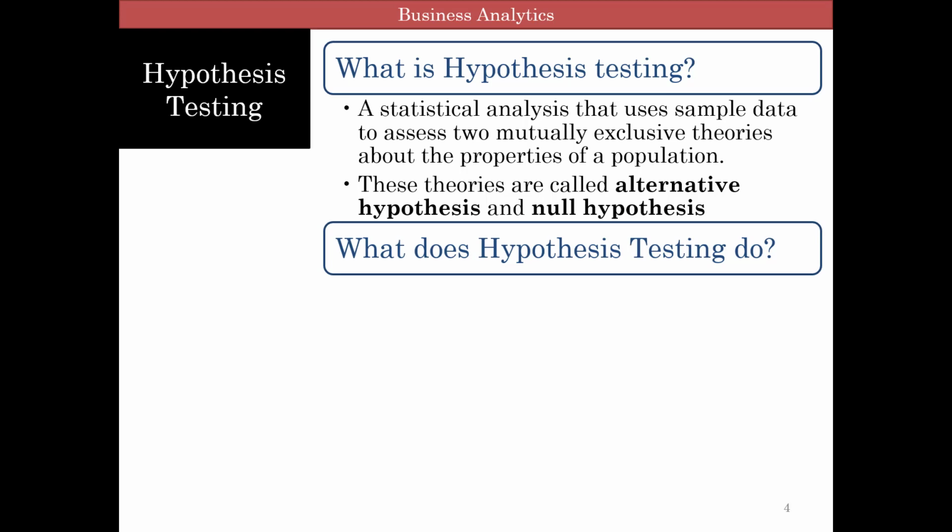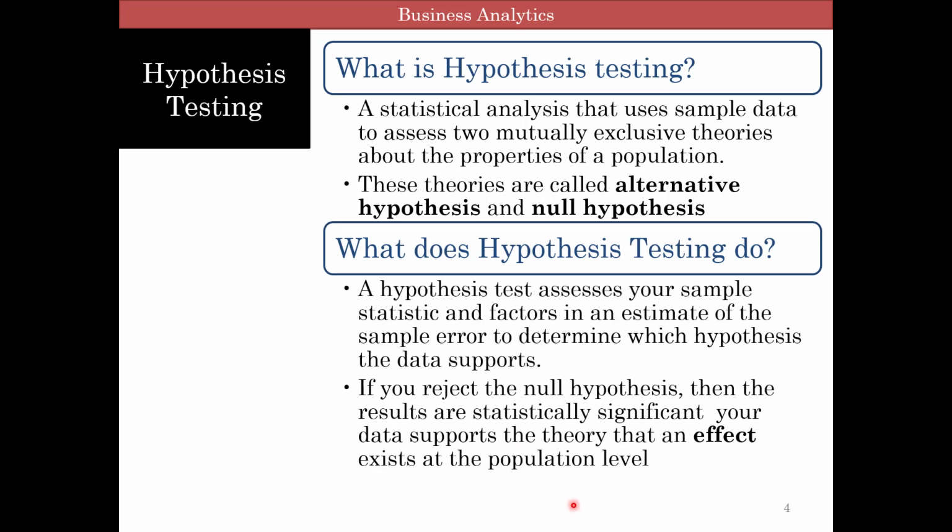So what does hypothesis testing do? Hypothesis tests assess your sample statistics and factor in an estimate of sample error to determine which hypothesis the data supports. When we talk about which hypothesis, we're saying alternate or null.